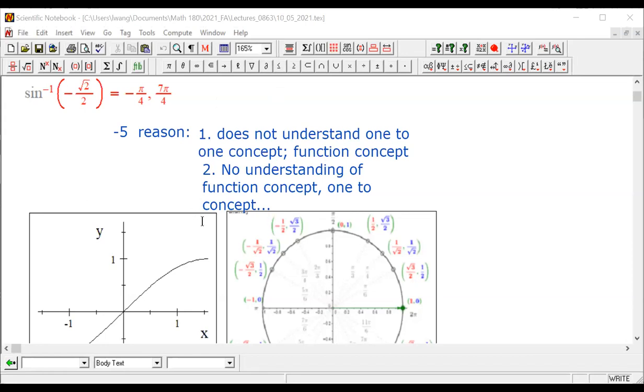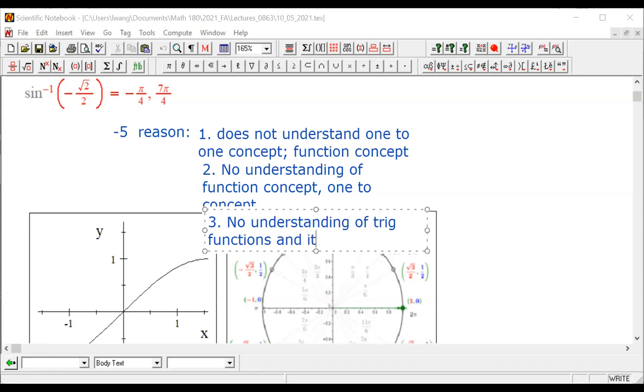Not to mention, this student has no understanding of trig functions and their inverses. The list can go on. This simple mistake shows so much because we are assessing your understanding. Do you guys understand?